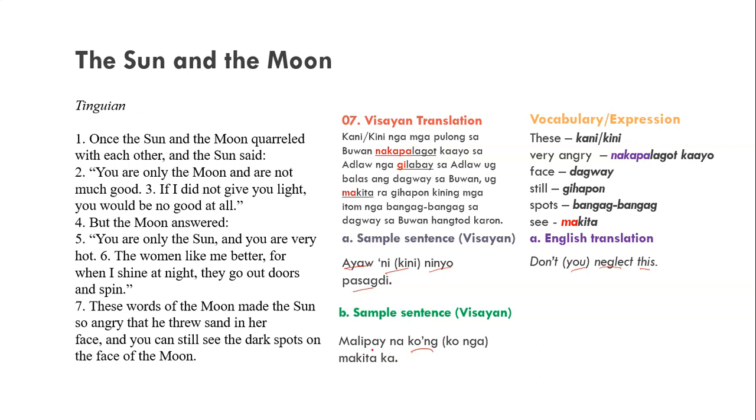You can also say, malipay ko nga makita ka. And you're saying, I'm already happy just to see you. Or I'm already happy just seeing you. Because there's a word na here, I was not able to emphasize it. But that is already. Happy is malipay. And see is makita.